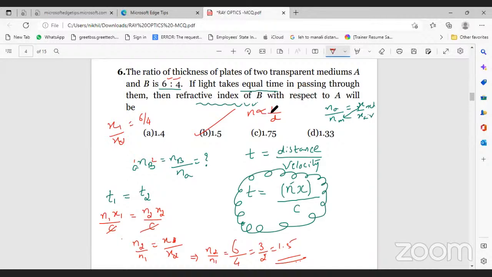So it'll be still 6 by 4, which will give us 1.5. Yeah, you can do like that. So they're expecting N is inversely proportional to what? Thickness. So if you want N1 by N2, I can directly write D2 by D1. Yes, sir. So you'll get the same answer. Yeah, you can do that in that way also.